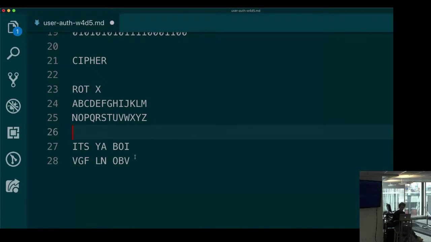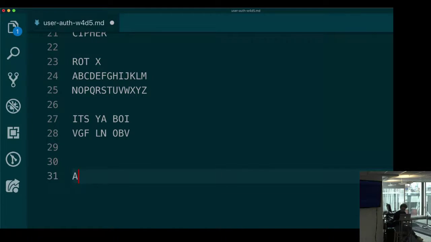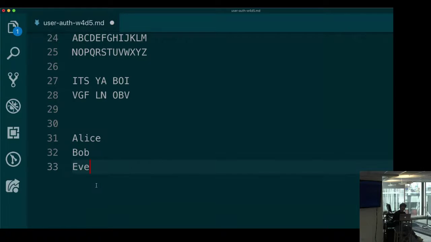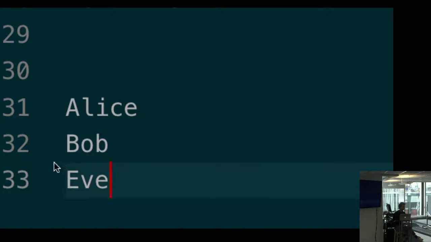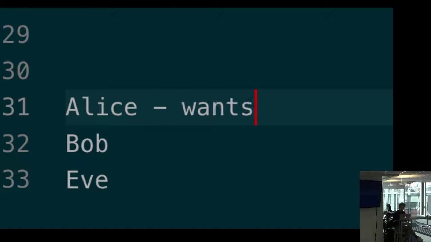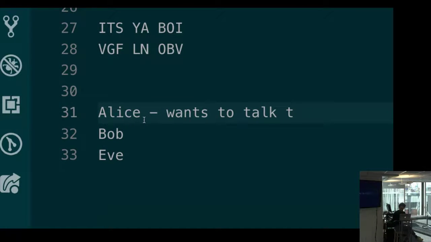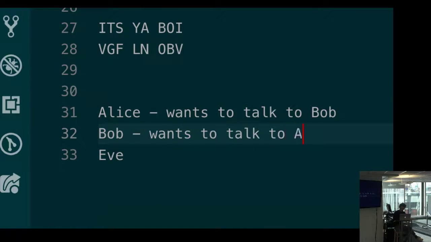For the upcoming things that we're going to look at, there are three names that are going to tend to pop up. There's Alice and Bob. Alice wants to talk to Bob. Bob wants to talk to Alice.